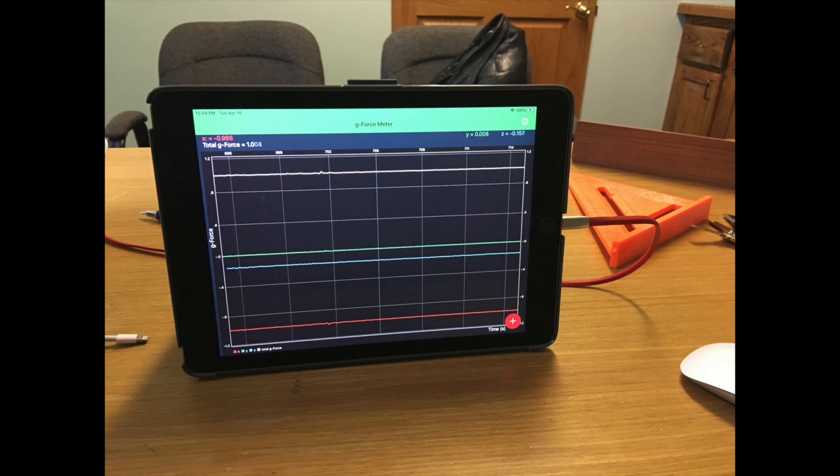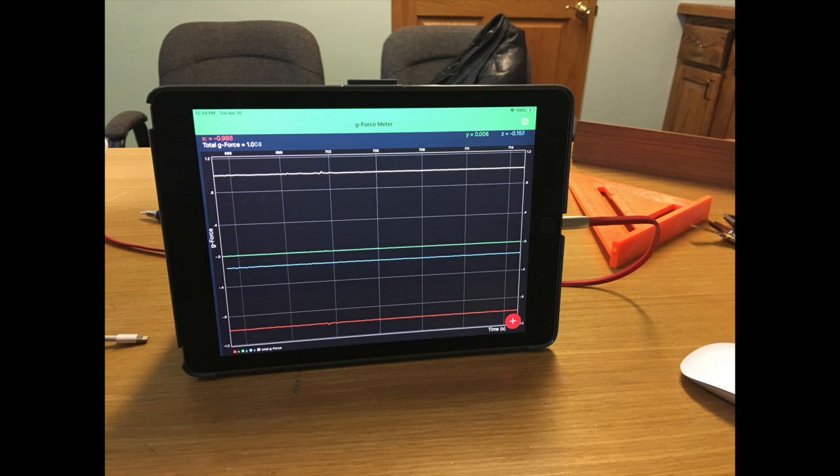So here's my setup. Here's my iPad sitting on my desk in my office. I've got a program on there called G-force meter that will read the output from that accelerometer in all three axes. If you look at the long edge of the iPad that's on the ground right now, that is the y-axis.